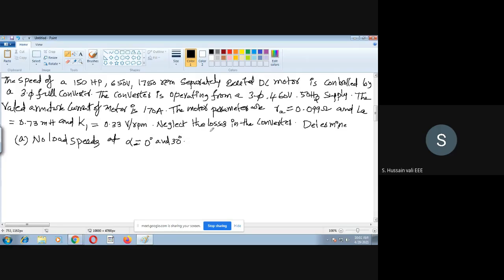Assume that at no load the armature current is 10% of the rated current and is continuous.